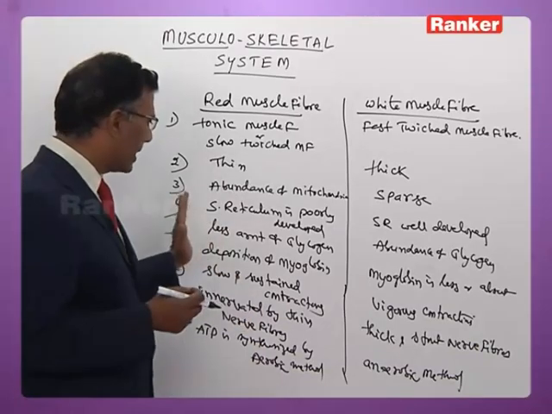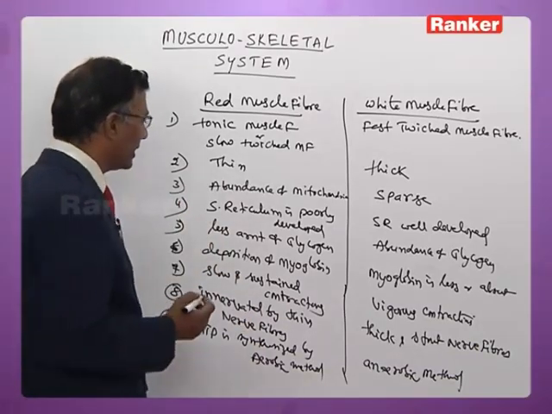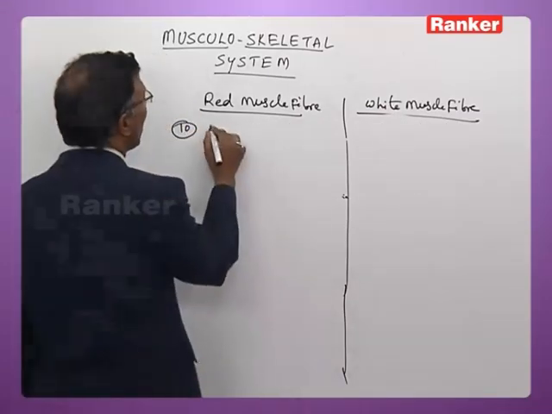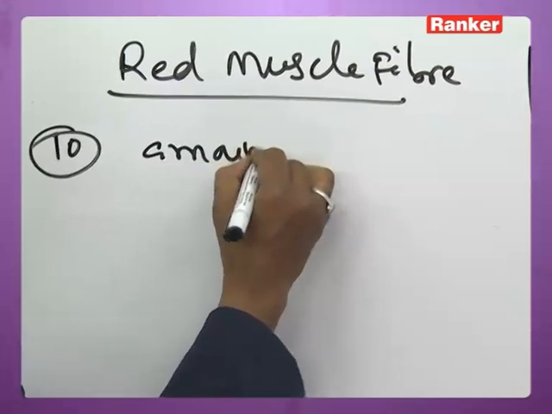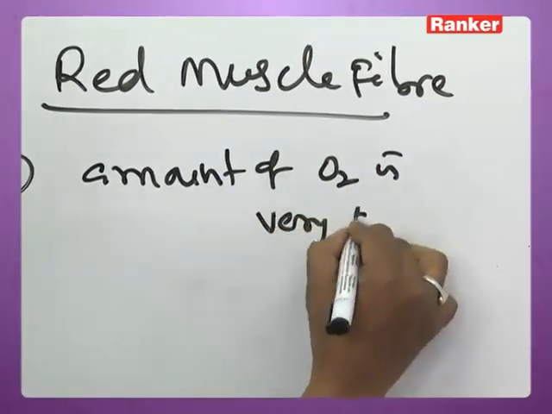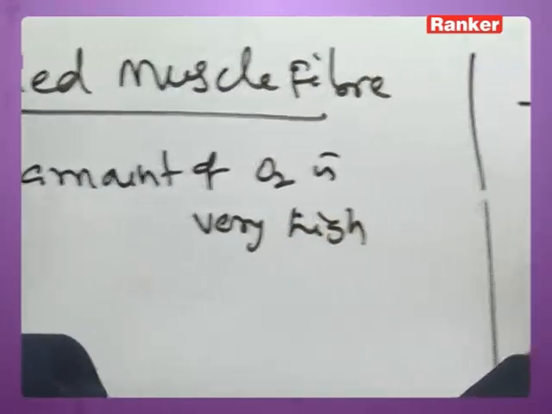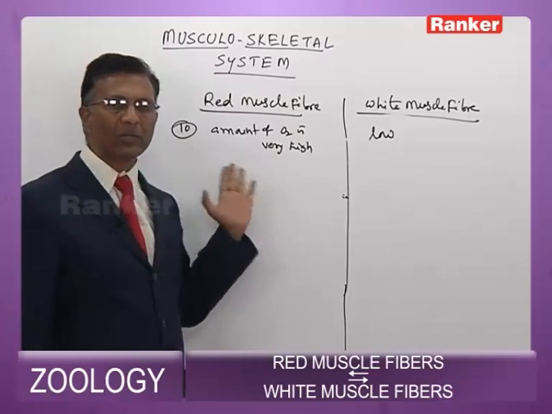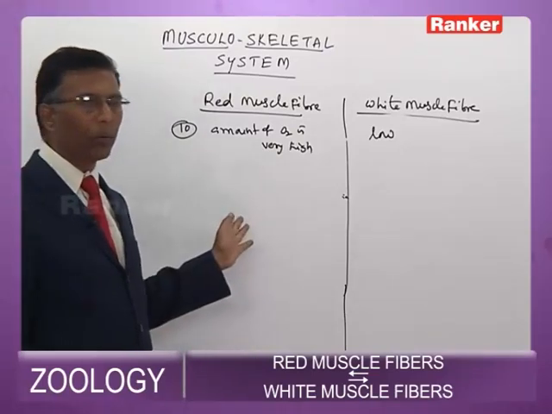One more point you can write here. The amount of oxygen present in red muscle is very high, while in white muscle it is low. Because of the abundance of oxygen, red fibers prefer to synthesize ATP by the aerobic method.